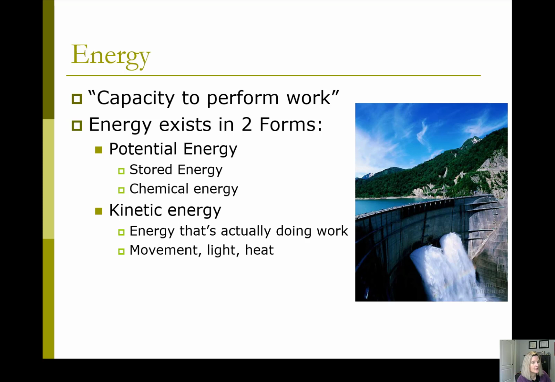So you can think of, for example, an apple. An apple would be an example of potential energy because it's got all of this stored energy inside, all the fructose and monosaccharides and so forth, all that potential energy that could power your cells.